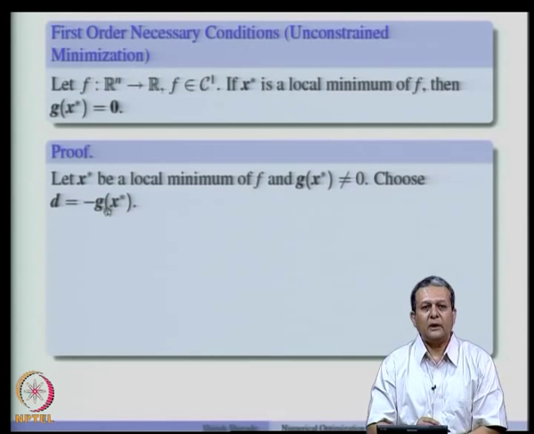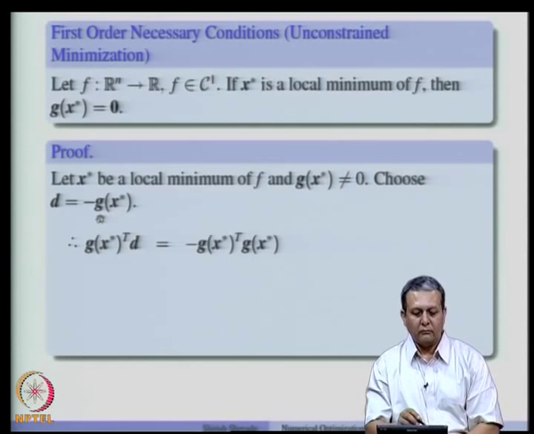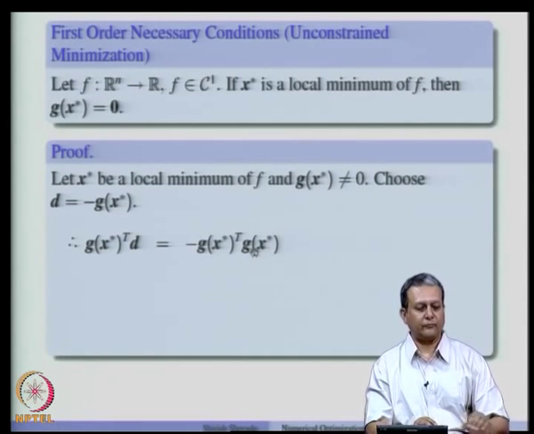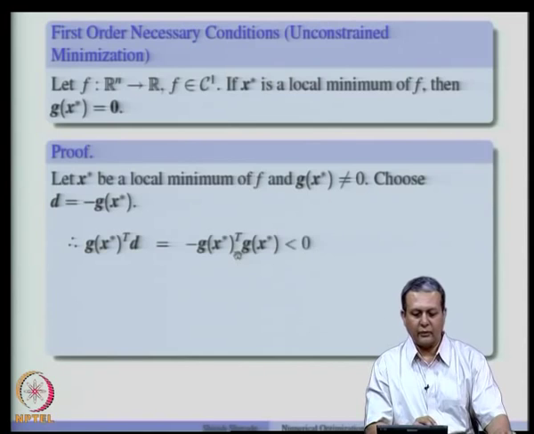Now, we can find out what happens to g x star transpose d, where d is minus g x star. So, g x star transpose d is nothing but minus g x star transpose g x star. Now, remember that g of x star is not equal to 0. So, this quantity is strictly less than 0.